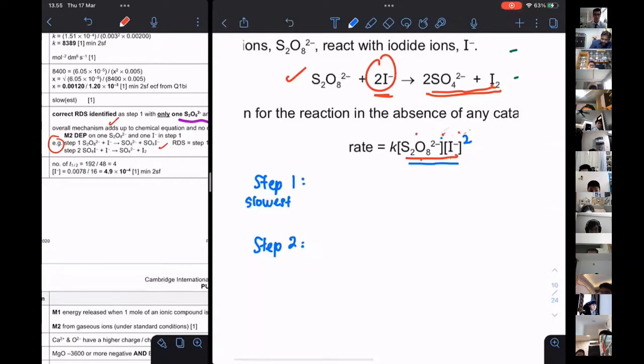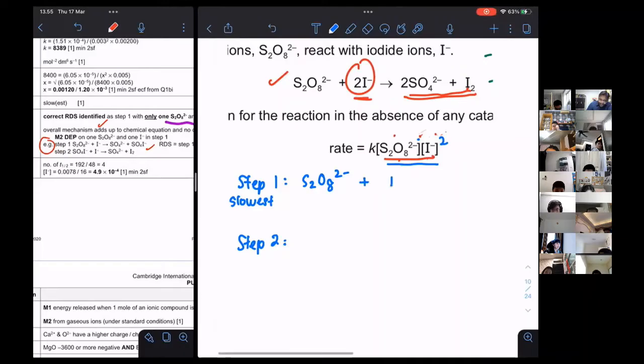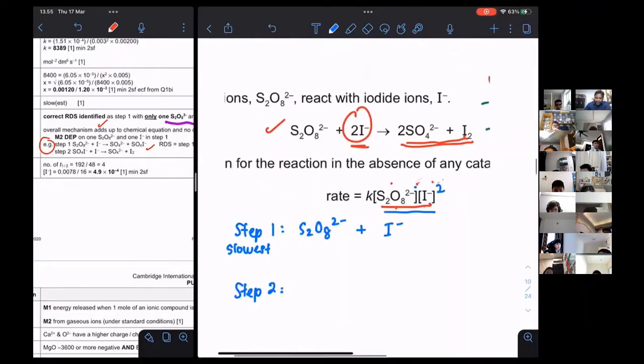You look over here. So S2O8 2 minus, 1 mole, plus I minus, how many moles? 1 mole or 2 moles even? No. What did I tell you earlier?